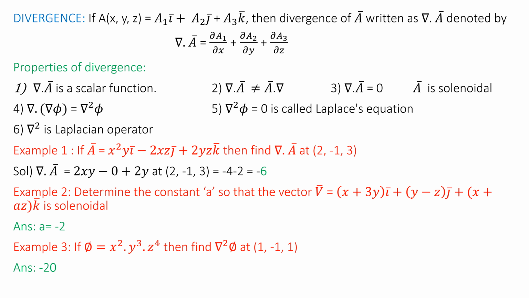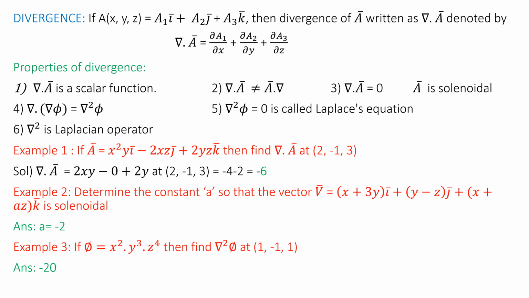Dou by dou y of y minus z is 1, since z is treated as constant. Dou by dou z of x plus az is a, since x is constant. So 1 plus 1 plus a is equal to 0, because it is solenoidal. So a is equal to minus 2.